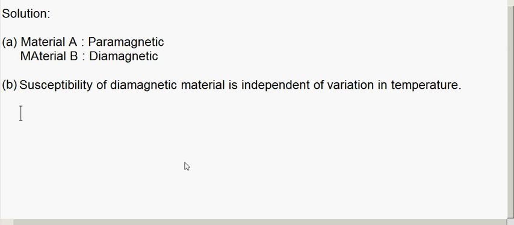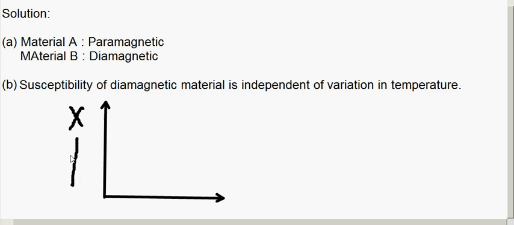Therefore, you can write the graph as follows. This is susceptibility χ, or χM, that is susceptibility, and on the x-axis we have temperature.